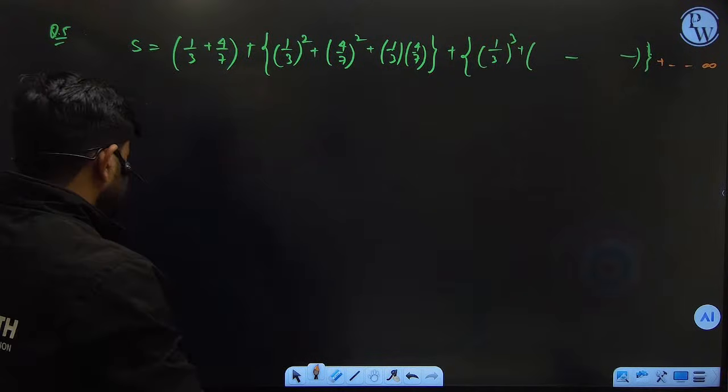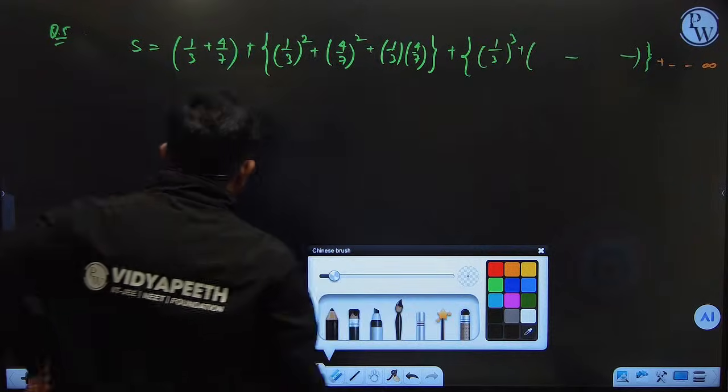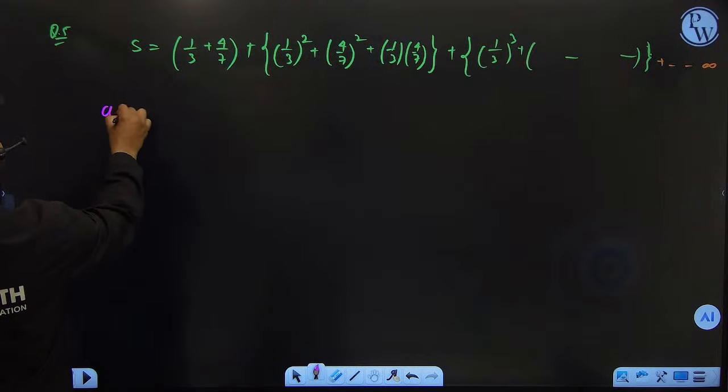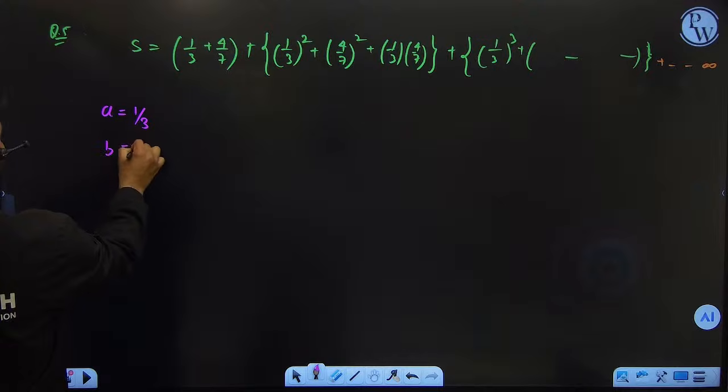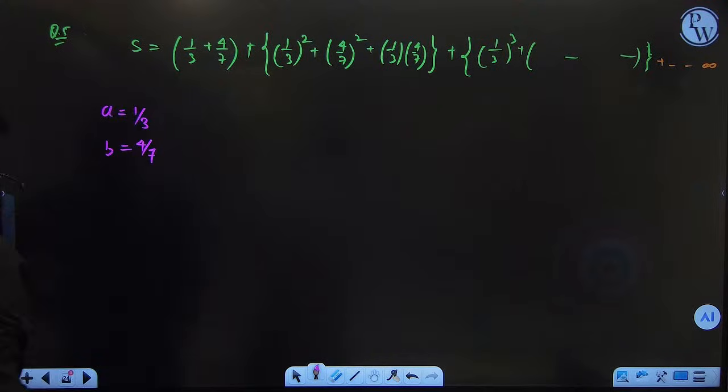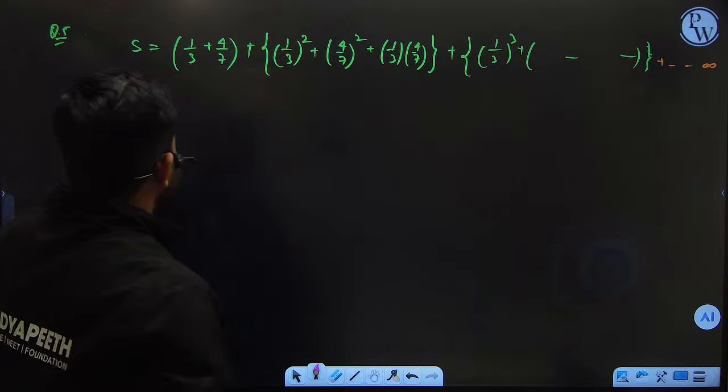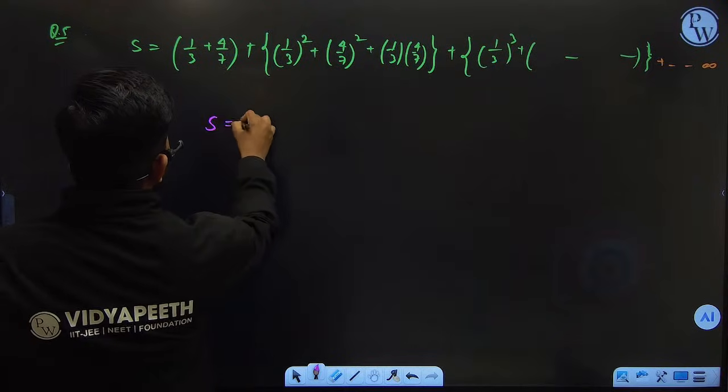Firstly I will consider 1 by 3 as A and 4 by 7 as B. So your sequence will be like this.